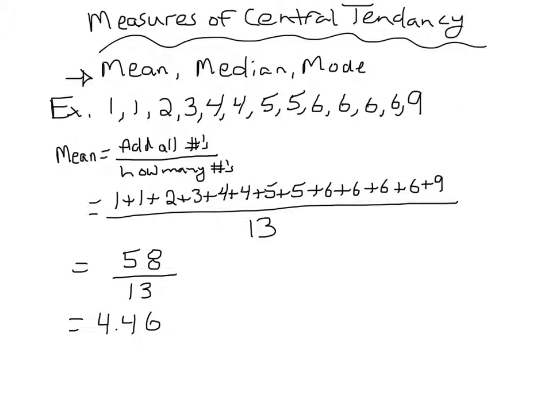So that would be my mean. Most often, that's what we call our average. If you find your average of your marks, you're going to add up all of your marks, divide by however many marks you have, and that will be your average.